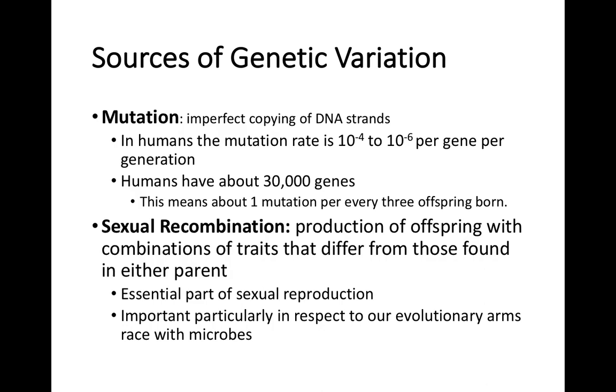So there's some benefit that comes with sexual recombination that paid off pretty early in our evolutionary history. Sexual recombination is defined as the production of offspring with a combination of traits that differ from those found in either parent. The critical payoff to sexual recombination comes in our evolutionary arms race with pathogens.